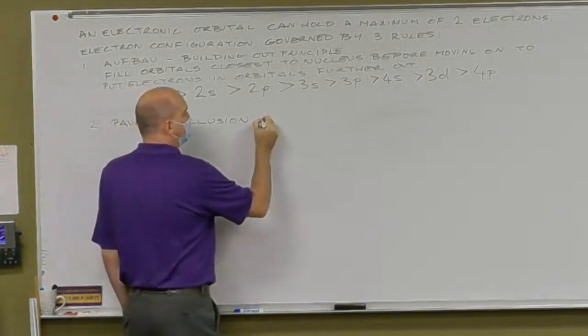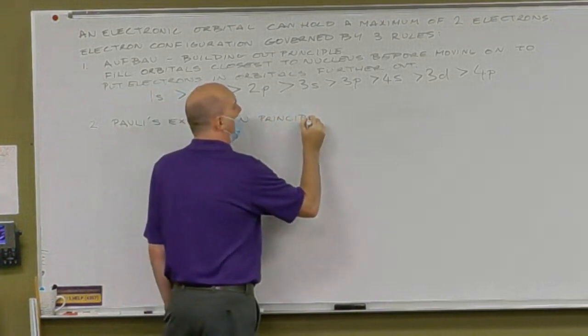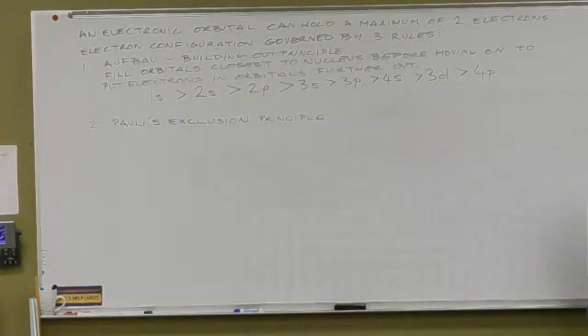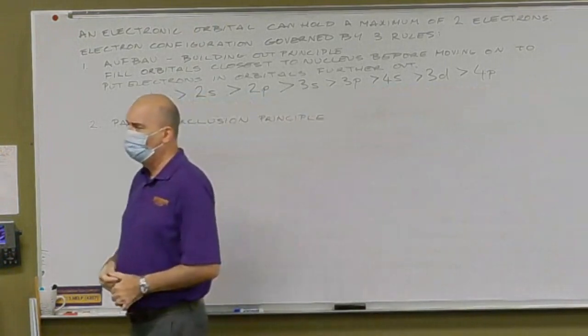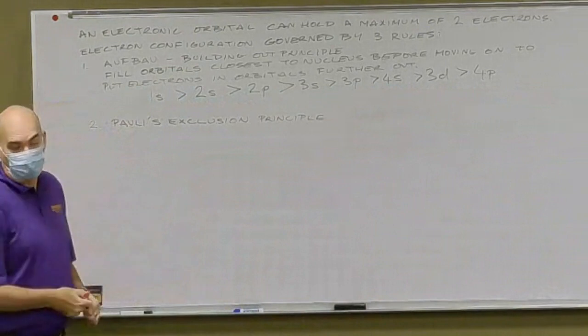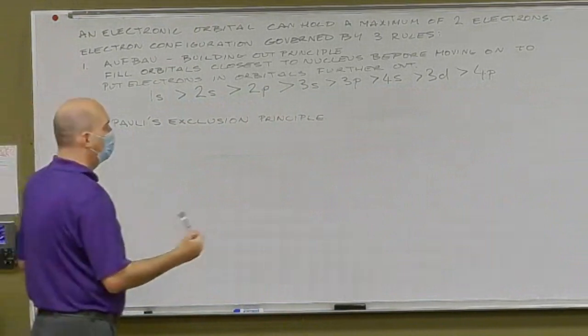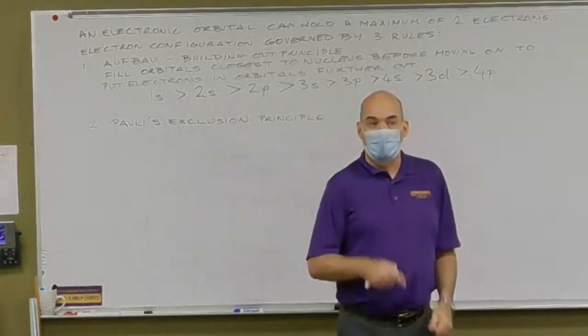This guy figures out that no 2 electrons can have all 4 quantum numbers be the same. And that if you put 2 electrons in the same orbital, then 3 of those quantum numbers will be the same. But it's that last one, the spin, that will be different numbers. Because a moving electron, a moving charge generates a magnetic field.